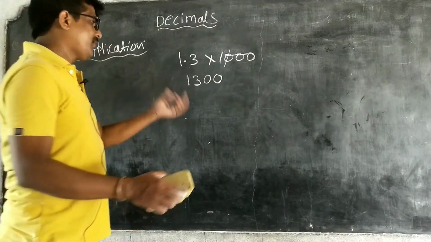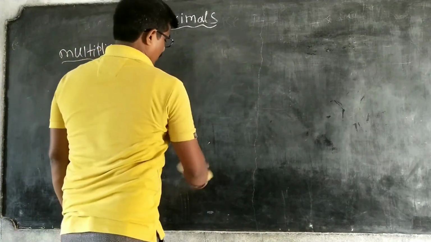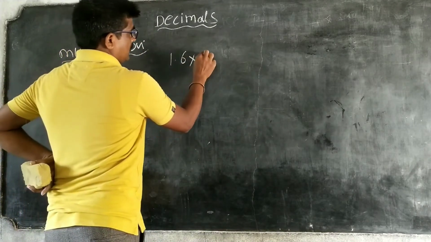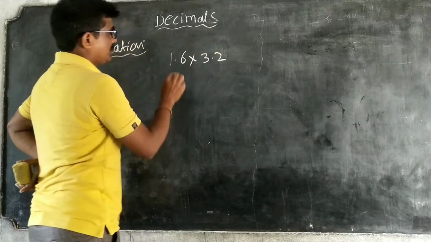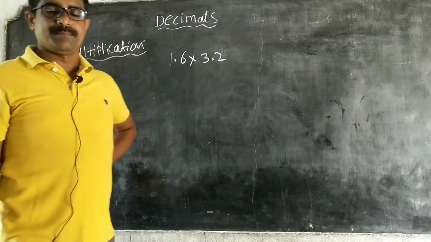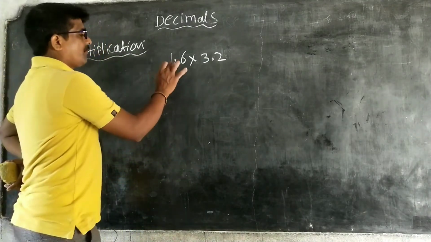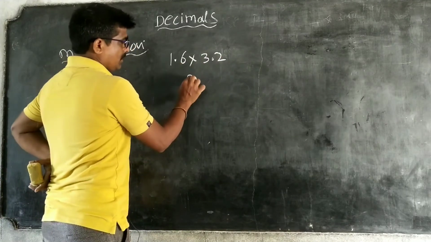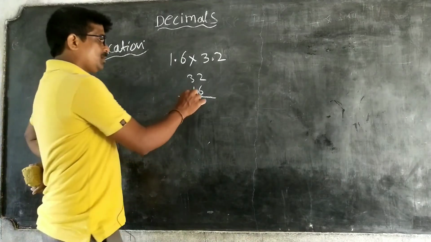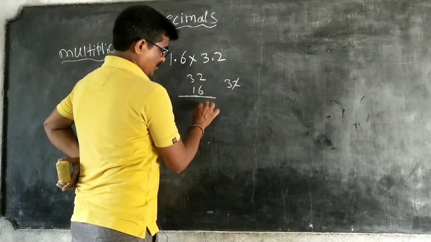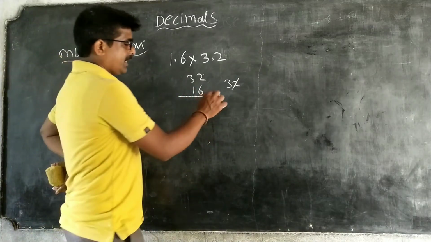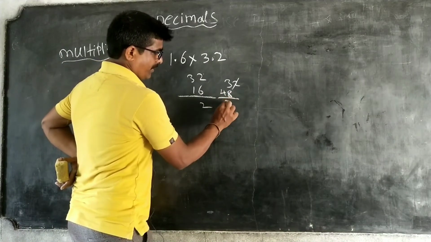Okay. Next, if both are different numbers, how do we do it? For example, 1.6 into 3.2. How do we do the multiplication? Simple thing. First, forget about the point. First you have to do 32 into 16. 16 into 2 is 32. 2 here. 16 into 3 is 48. 48 plus 3, that is equal to 51.